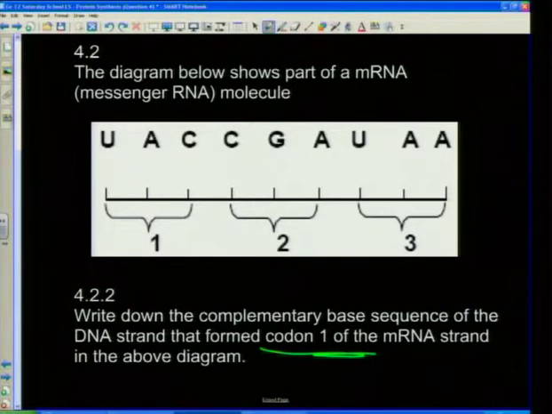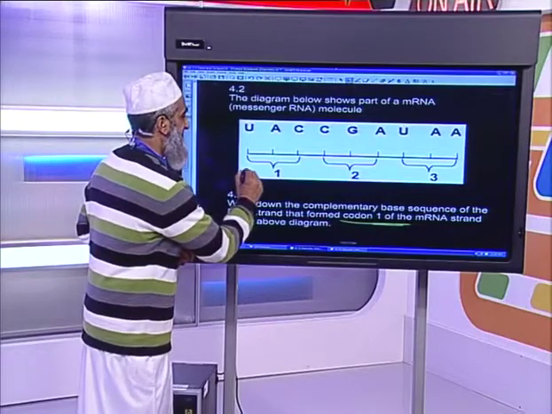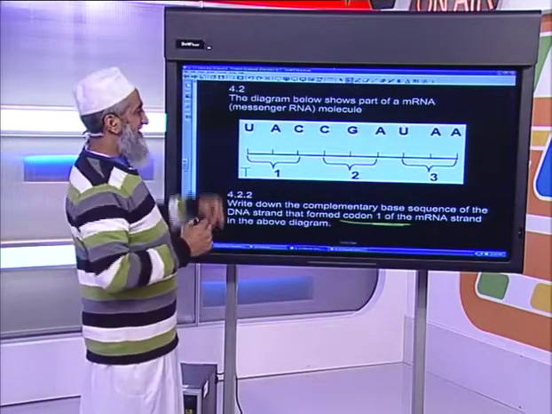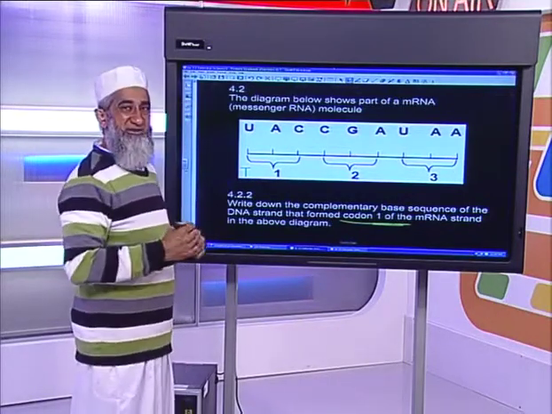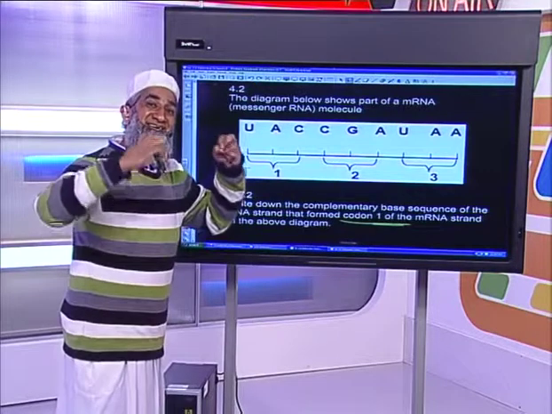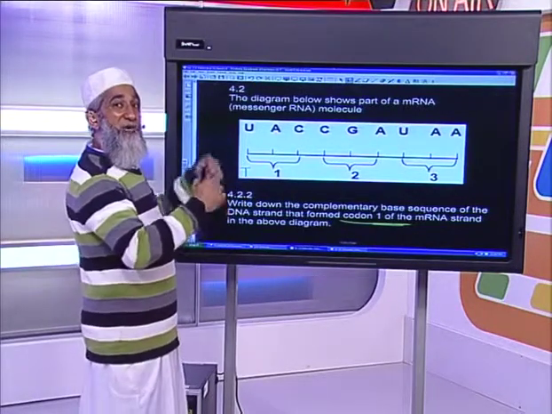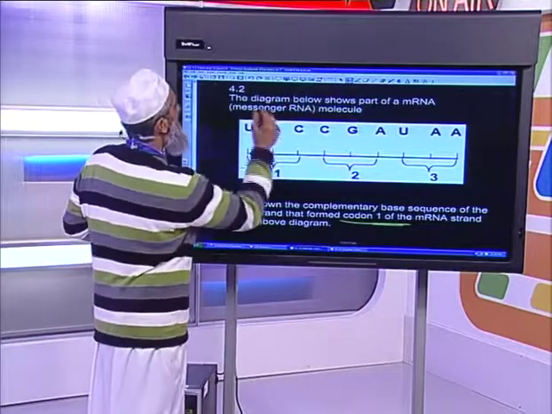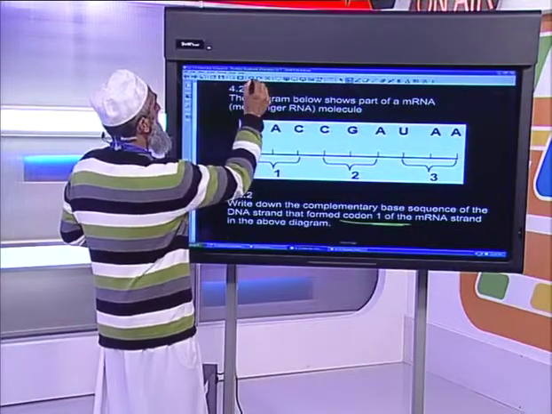Now, most learners would write T here. And that's where they go wrong, because they think that where there's a U, there must be a T. But they're not asking you about the DNA. They're asking you where this messenger RNA came from. So therefore, we have to take that one out.